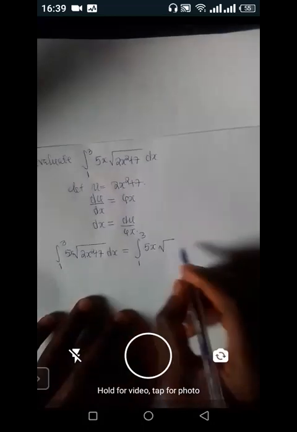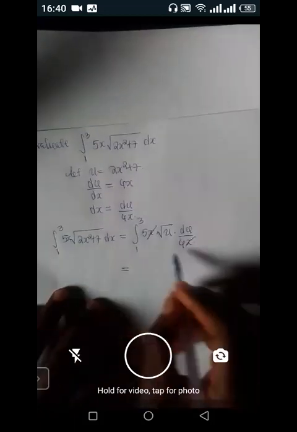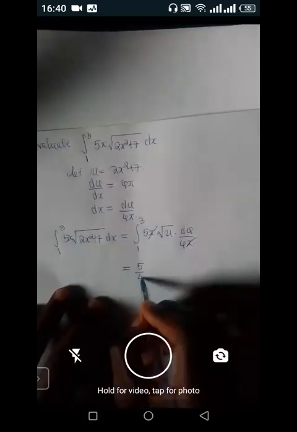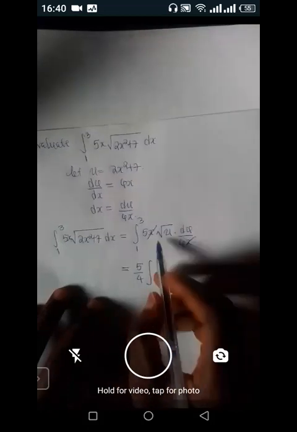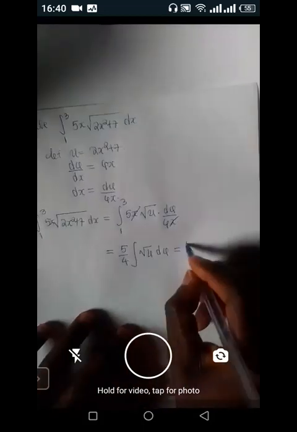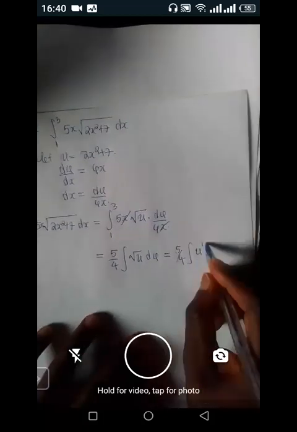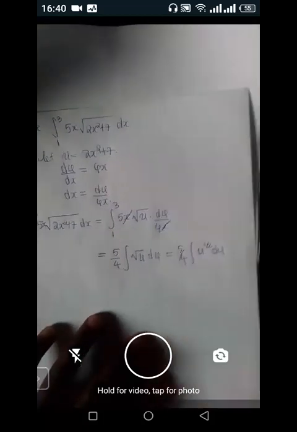Everything becomes simple. So you have your x and your x going. You have 5 over 4 the integral of u to the power 1 over 2 du, from 1 to 3.